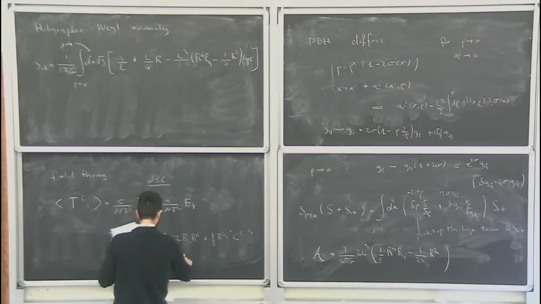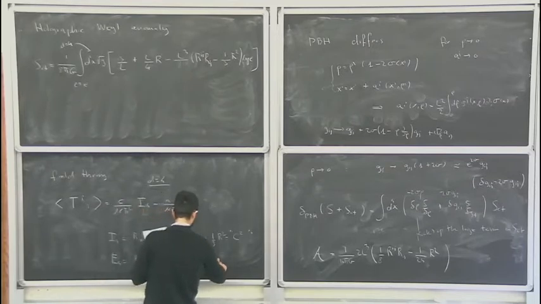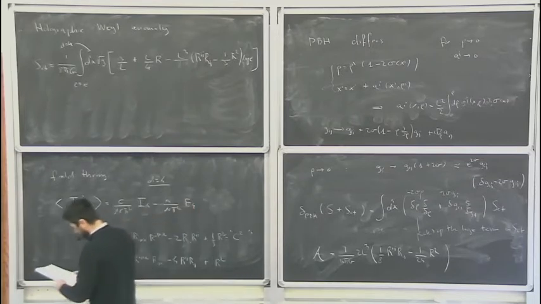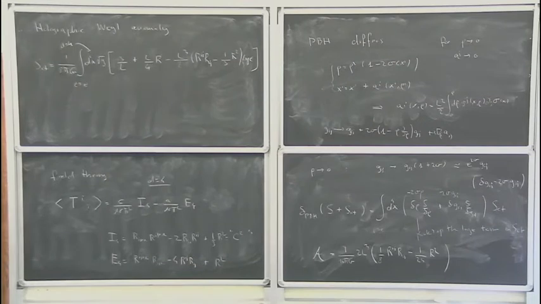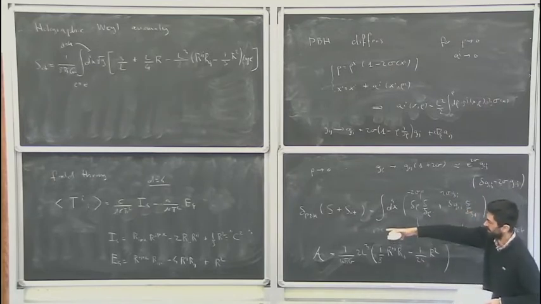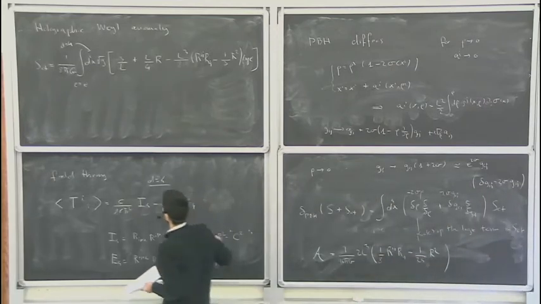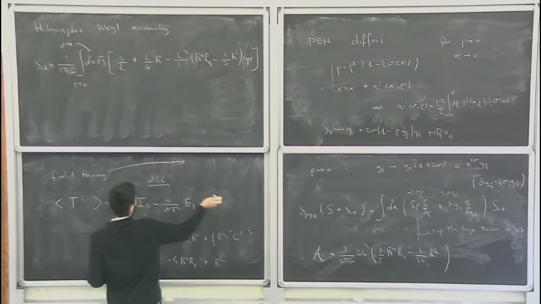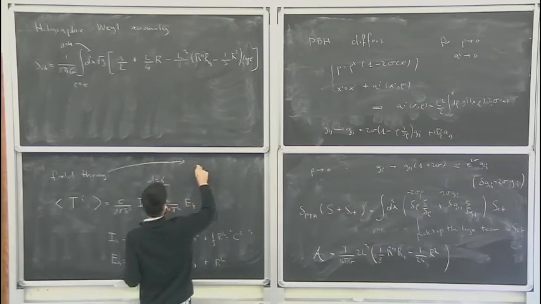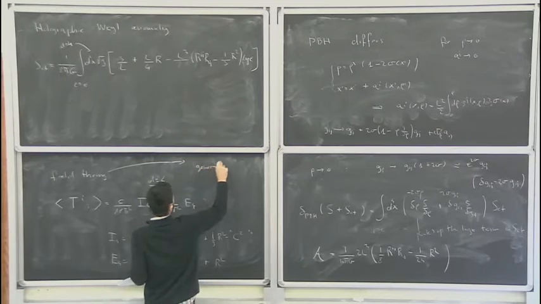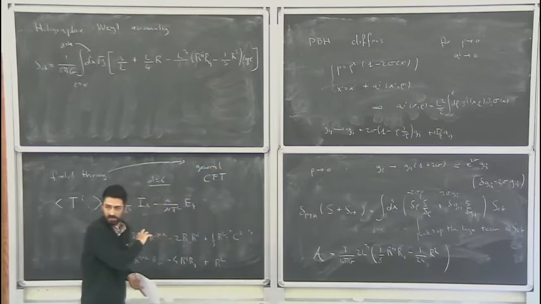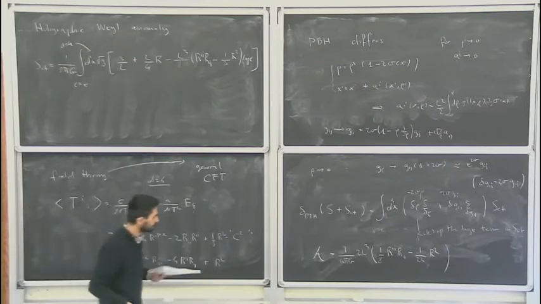Here has a -4, and here has a 1. Okay, so previous calculations that have nothing to do with this prove that this is the general expectation. So here, what I mean by field theory, I mean general CFT. So there is not even assumption of supersymmetry here in this formula.